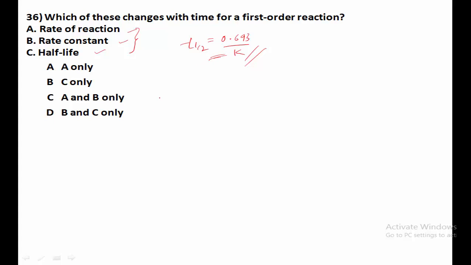So option C, that is A and B only, is the right one, because the half-life remains the same for a first order reaction. Hence rate of reaction and rate constant change with time for a first order reaction. Option C, A and B only.